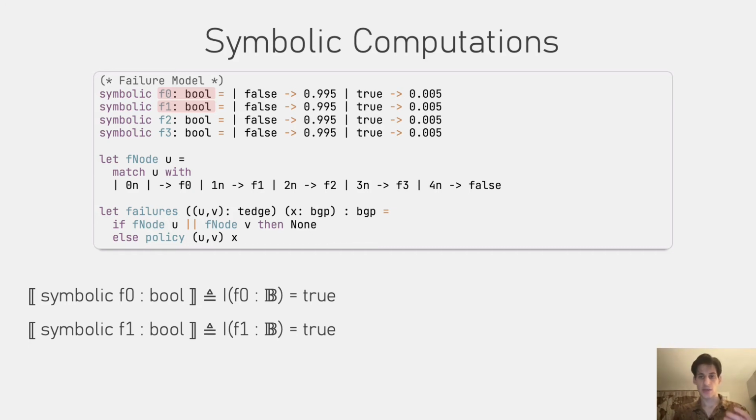As a BDD, we can represent the set inclusion function using a decision node F0, where if F0 is false, this is the dashed arrow, that leads to the true terminal node, meaning that false belongs to the set. And the same applies to the solid arrow, which represents the true value of F0.